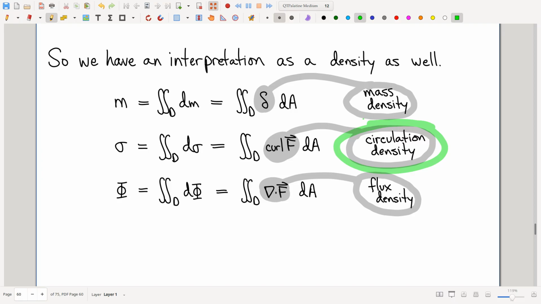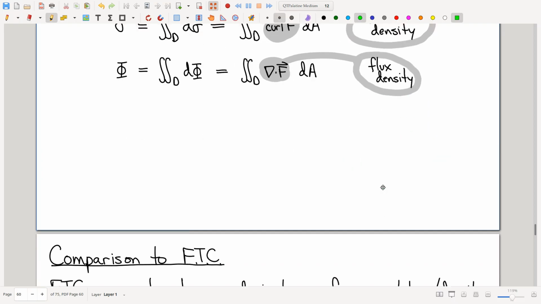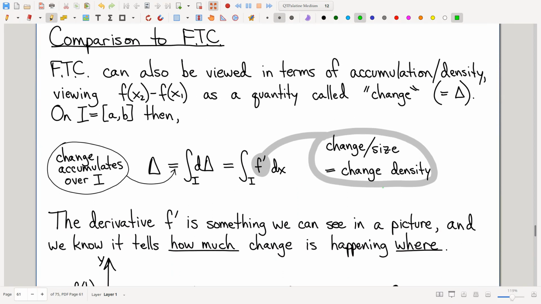Anyway. Moving along. This next couple of pages is, I think, a really valuable point of view. I'm going to set up an analogy to something that you're all already familiar with.